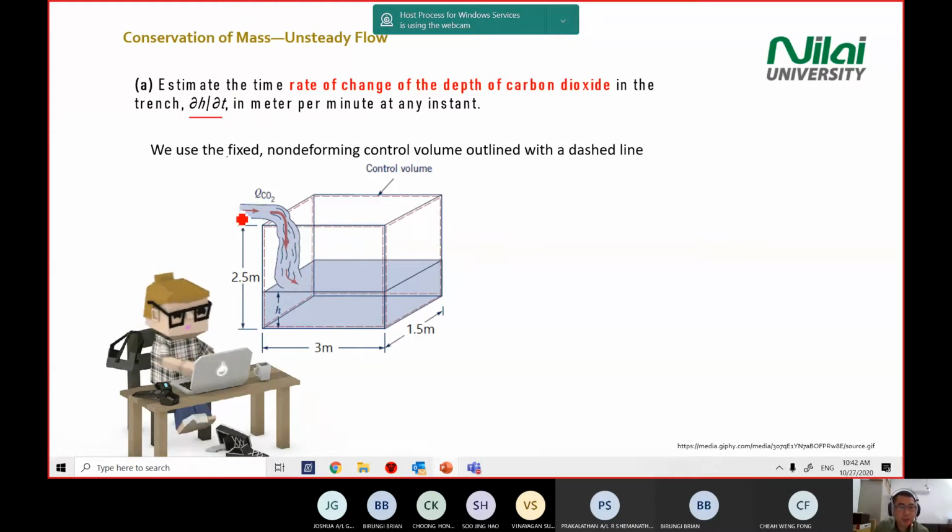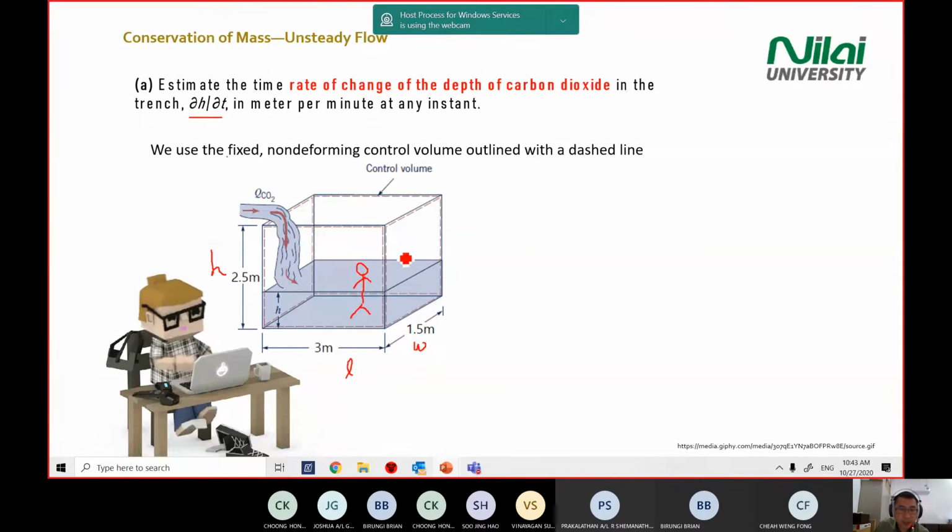If you read the question, the trench is 3 meters long and 1.5 wide. This is L, this is W, and the height is 2.5. Can you assume there's a worker here?